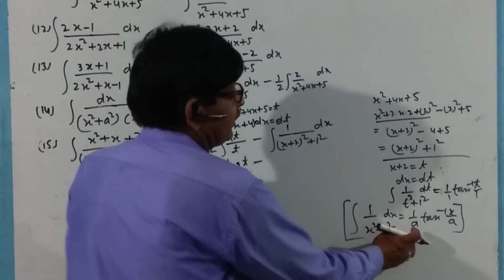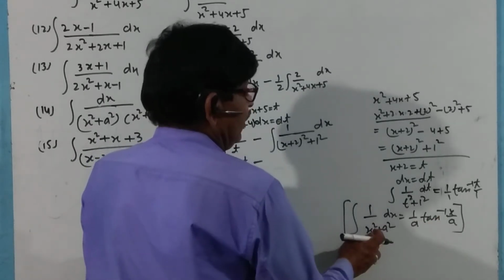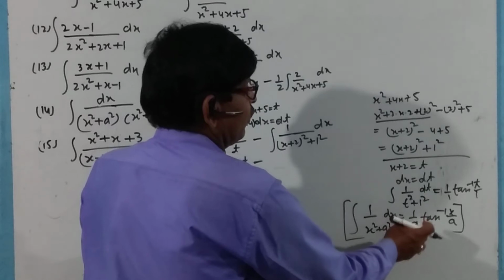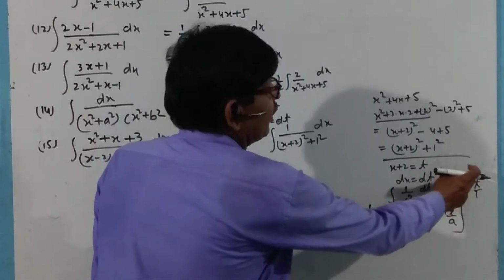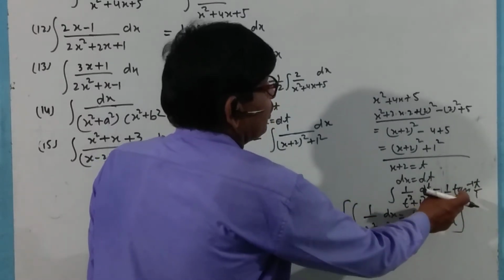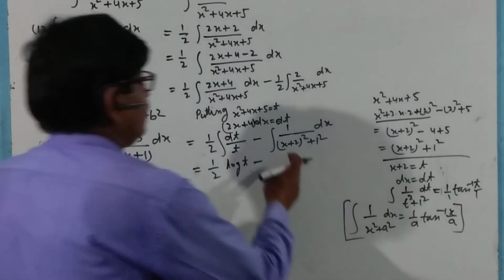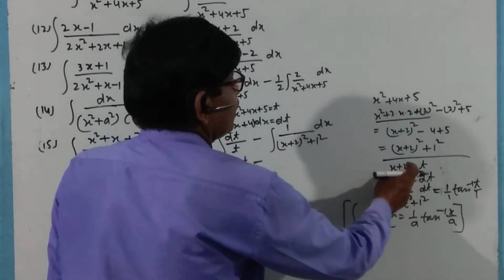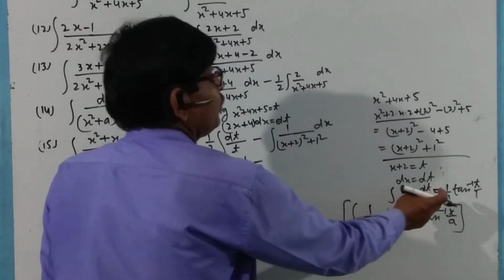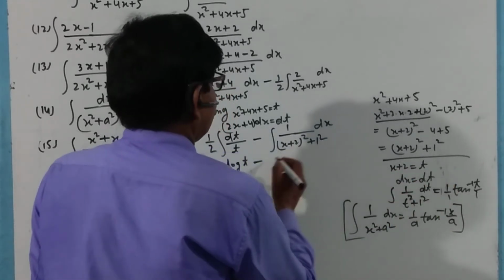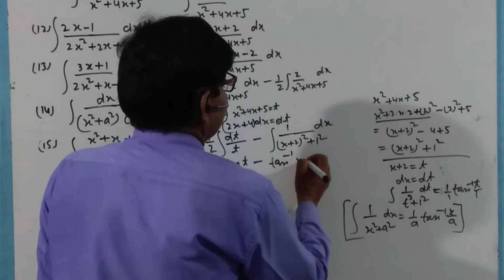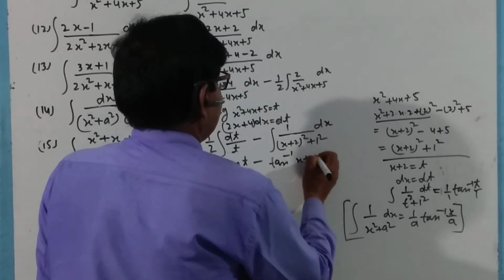In this case x equal to t and a equal to 1, so this is equal to 1 by 1 tan inverse t by 1, which is simply tan inverse t. Tan inverse t, with t equal to x plus 2, is tan inverse of x plus 2.